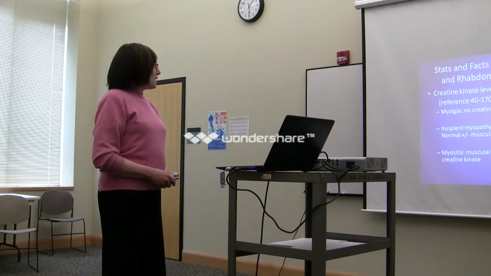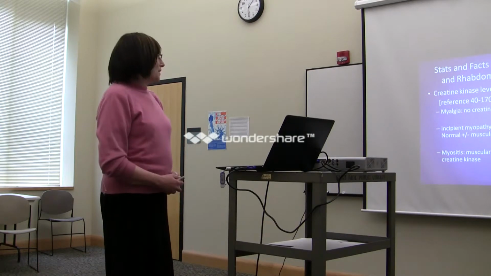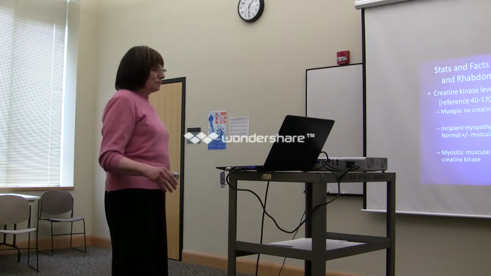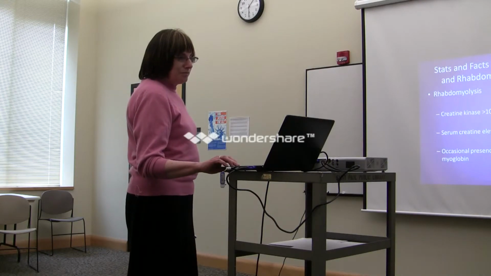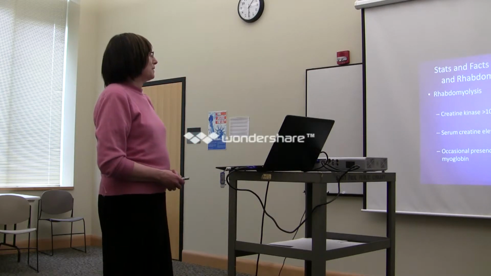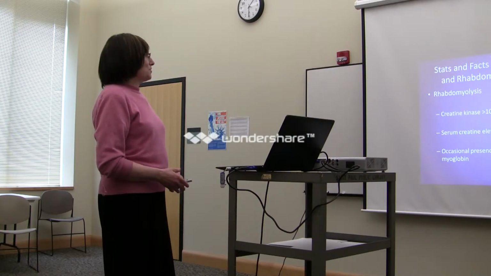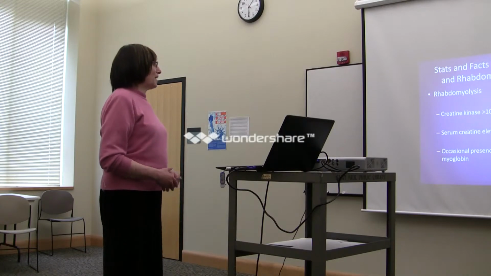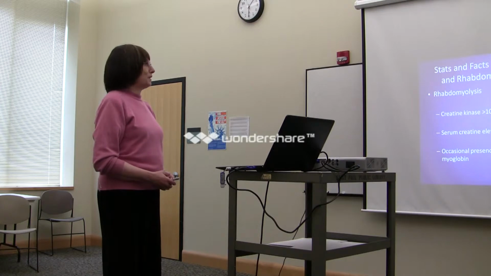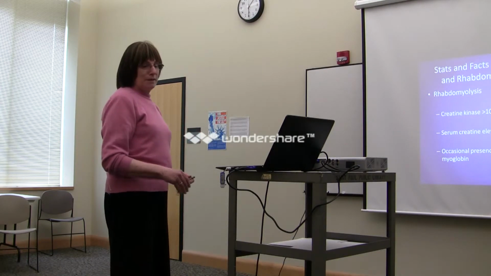Myositis, which is the next step worse, is muscular symptoms with elevation of the creatine kinase. Rhabdomyolysis would be creatine kinase 10 times the upper limit of normal, serum creatinine elevation, and occasional presence of brown urine and urinary myoglobin. So it progresses from myositis to rhabdomyolysis.